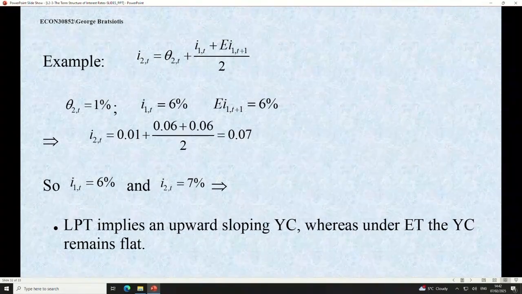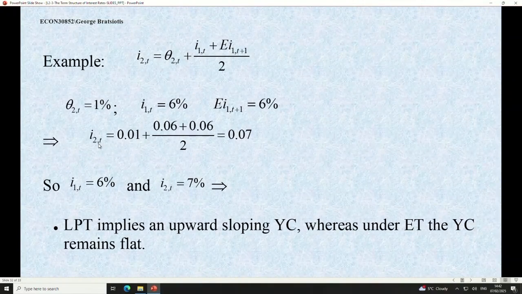Now, what does that mean? Let's take the example that I took before. Let's cover this premium here for the 2 year. For the 1 year, there's no premium, of course, but let's say for the 2 year the premium is 1%. Let's cover this completely, and I'm looking at the expectations theory. Let's say the expectation says 6% here, and I expect the 1 year in the following period to be again 6%.